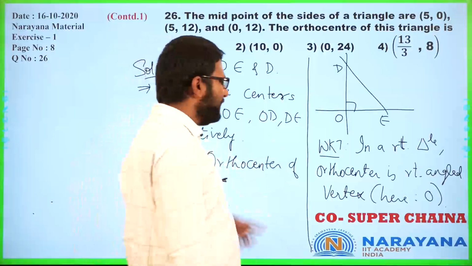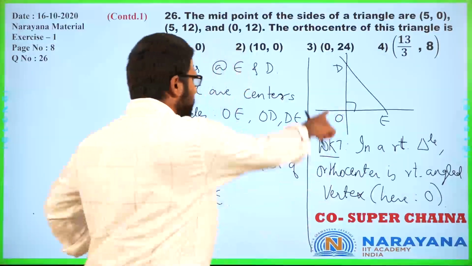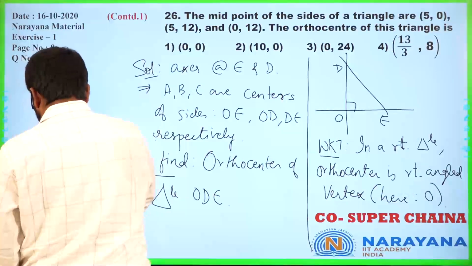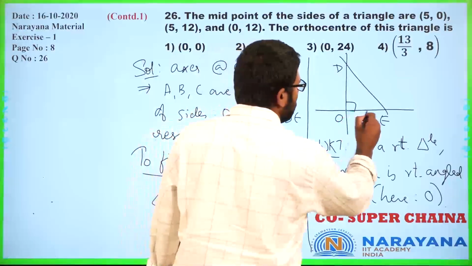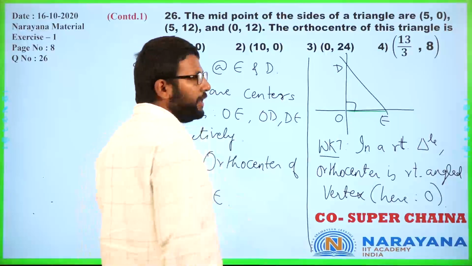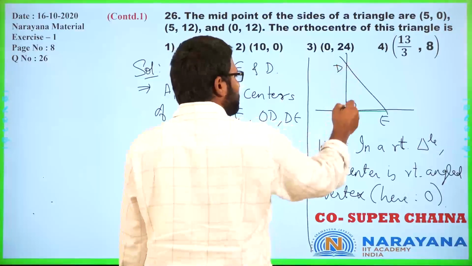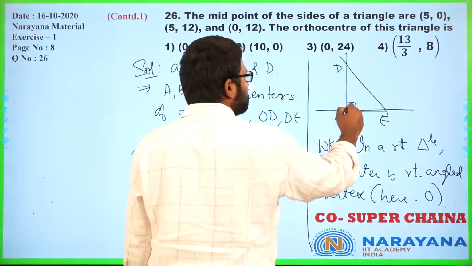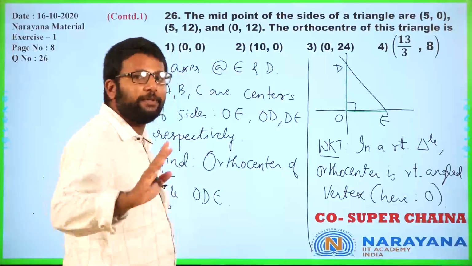But why is that the case? Why is it that in a right angle triangle the orthocenter is automatically the right angle vertex? Look at that. If you want to try and draw the altitudes, clearly OE is one altitude, right? Because through E it is the perpendicular to the side OD. Similarly, through D, if I drop a perpendicular to OE, it will go like this. Two perpendiculars are meeting at O, so automatically it will be the orthocenter.